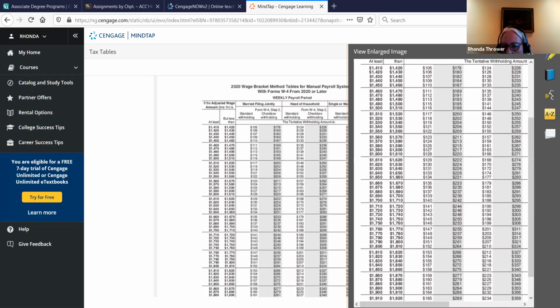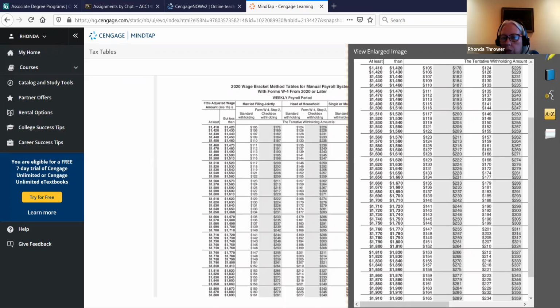And right here is 1,910. 1,910 falls in between these two amounts. You always want to go to your higher because you want to take out more taxes. So skip down to the next line. It's 1,910, and this person is single.